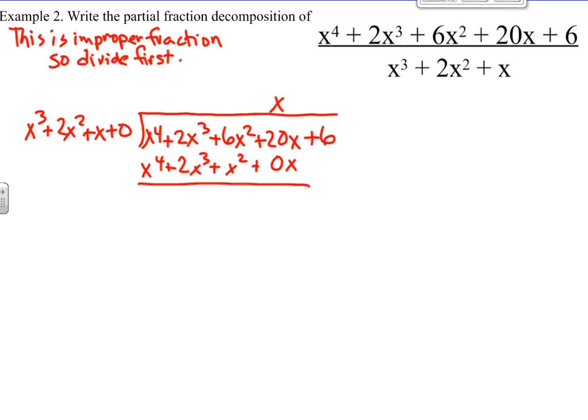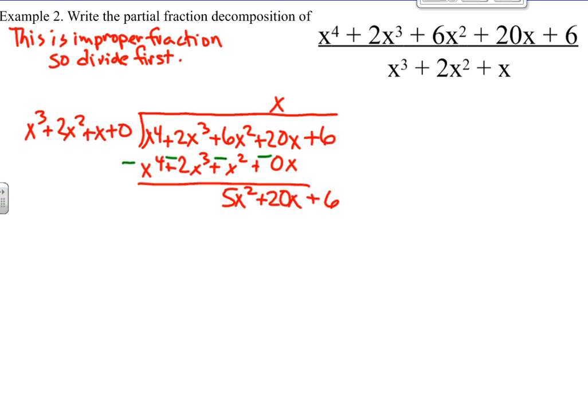This is a perfect review as we get closer to the final exam, just reminding ourselves how to do this. I like to write in all my changes of sign there. x to the 4th cancels out, so do the x to the 3rds, and then 6x squared minus x squared is 5x squared plus 20x, and then plus 6.